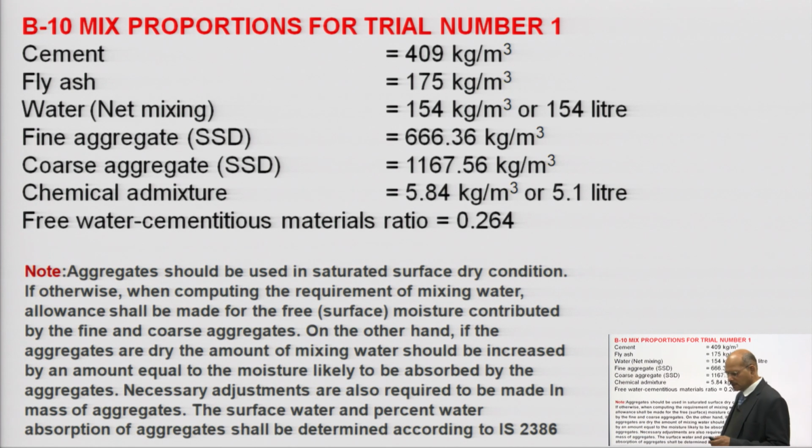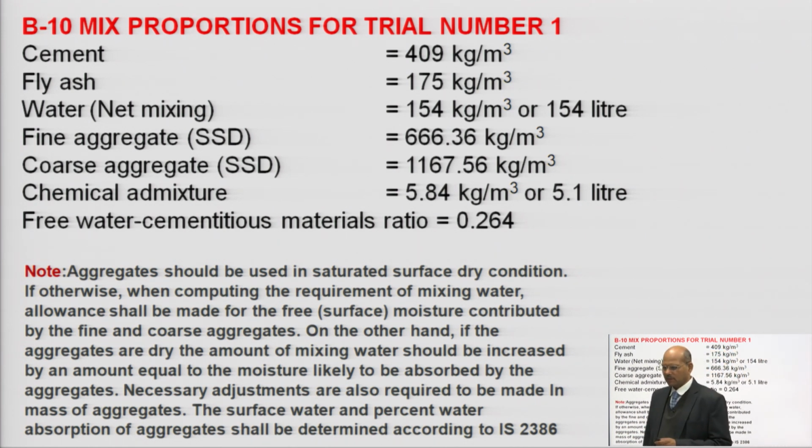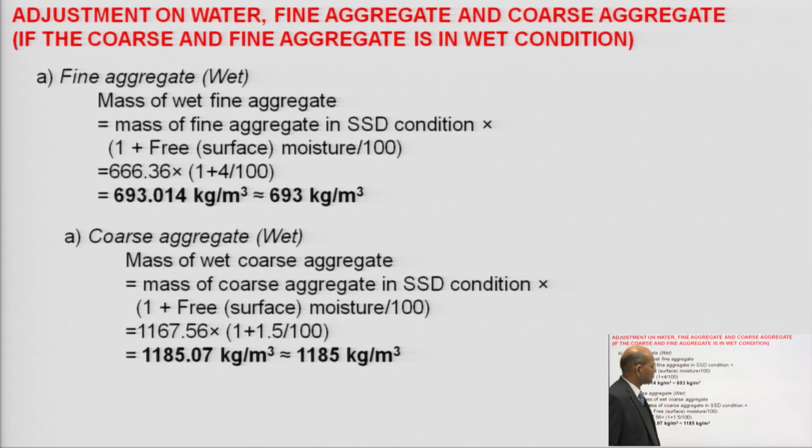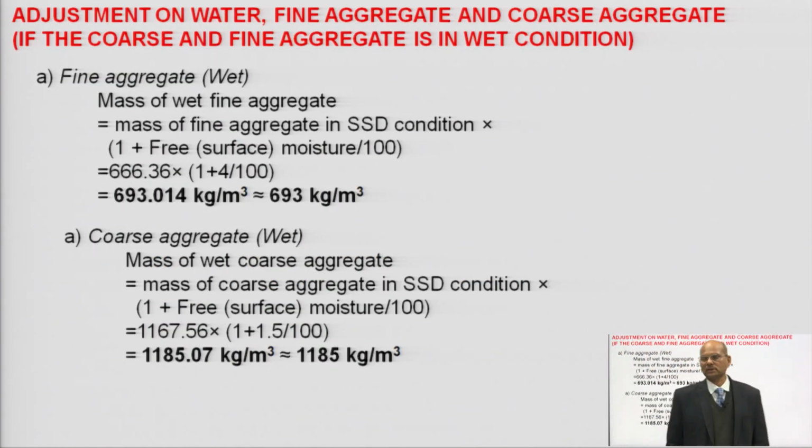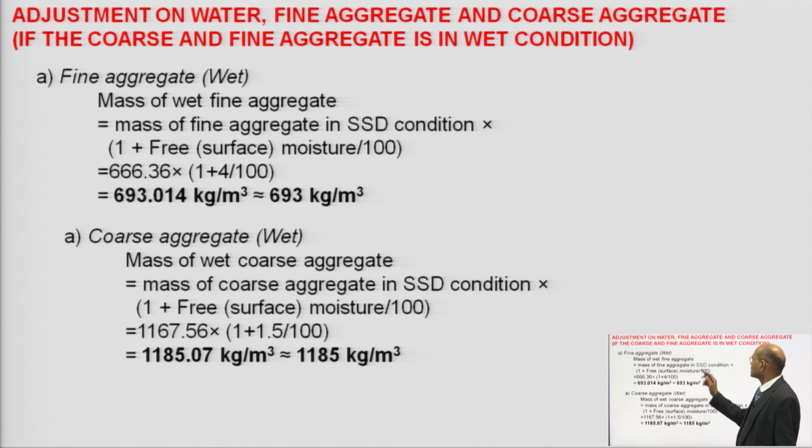But here, whether our aggregate is in dry condition or wet condition, it is in wet condition. So, we have to adjust the weight of the coarse aggregate, fine aggregate and water. This adjustment we are supposed to do. Adjustment of water, fine aggregate and coarse aggregate, because our coarse aggregate and fine aggregate are wet.